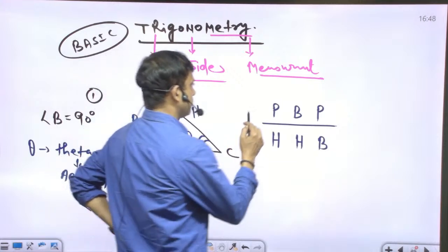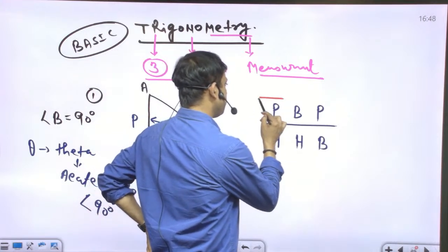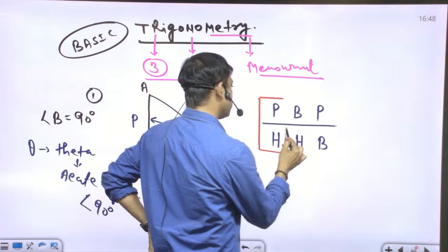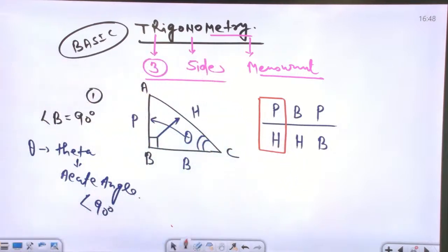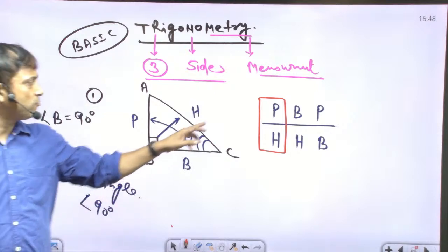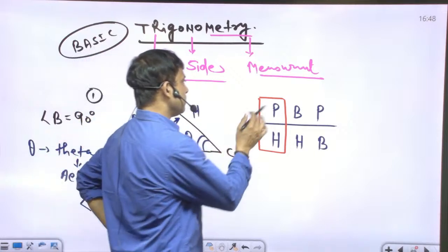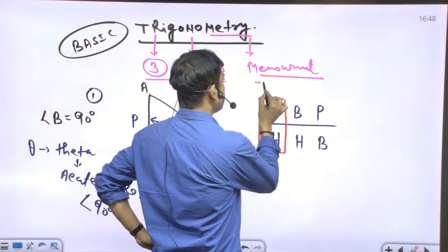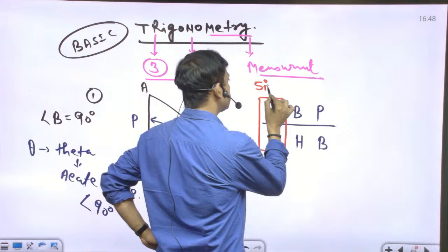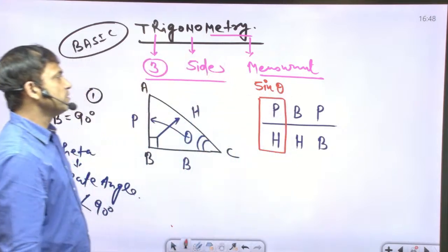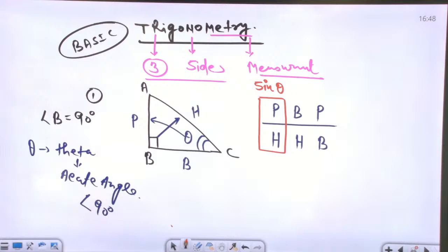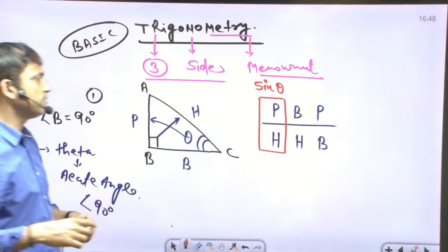Then this first part, P upon H. What will you say, P by H? P means perpendicular and H means hypotenuse. So perpendicular upon hypotenuse is always written as sine theta. Sine is only a symbol and theta is the angle. So P upon H is called sine theta.